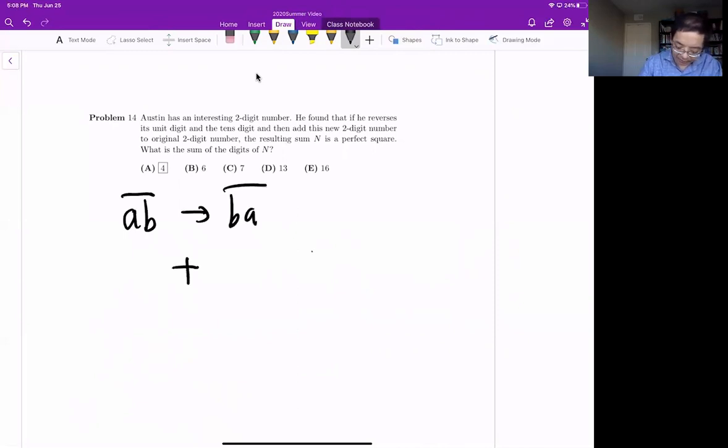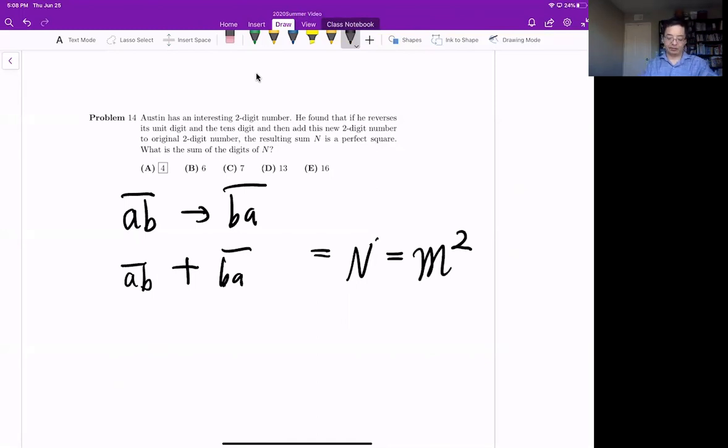Then he adds them together, so AB plus BA equals a perfect square, the square of another number, so let's say it's n squared. You need to figure out basically what this number is.